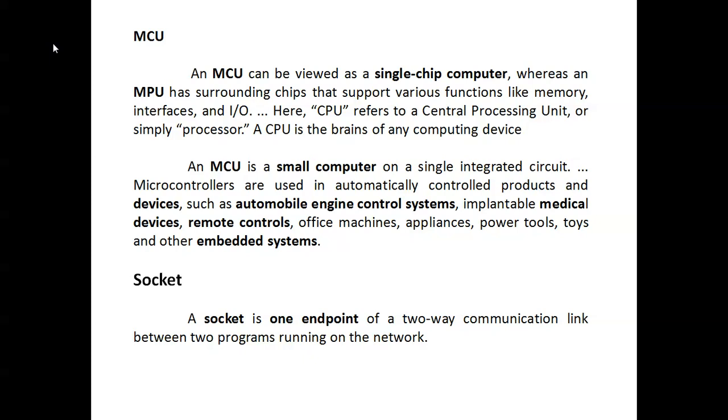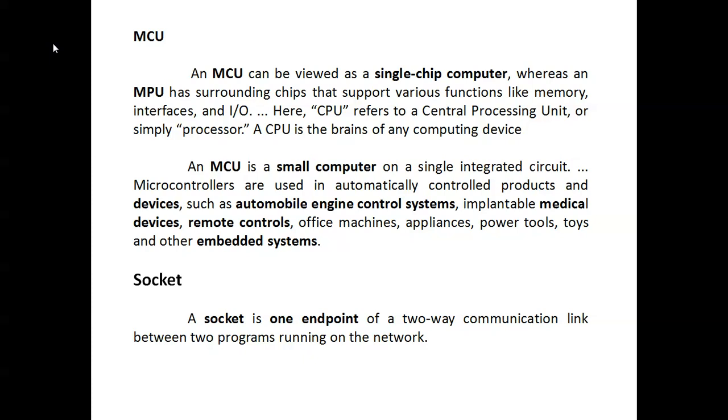So I'm just saying what is MPU. MPU is a single chip computer. Similarly, MPU has surrounding chips supporting various functions like memory, interface, input, output. This we can consider as an MPU. And CPU, central processing unit, is a simple processor. It's the brain of the computer device.